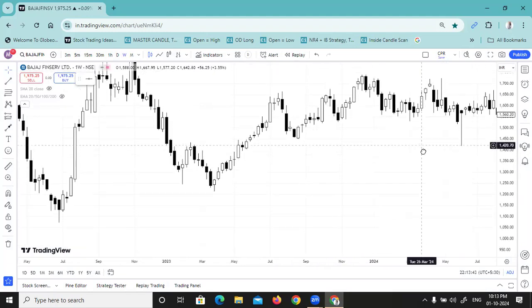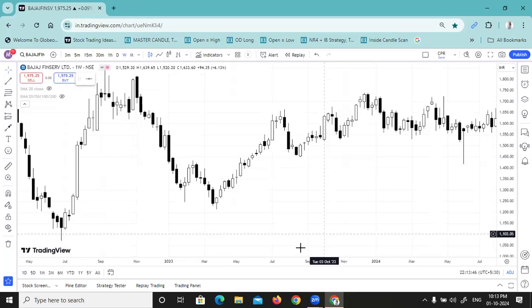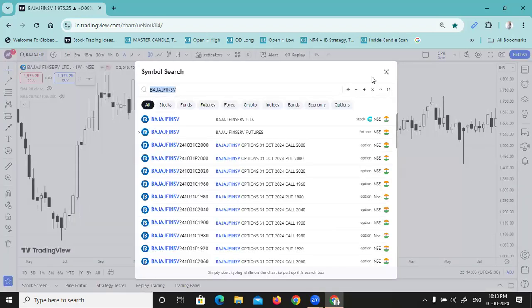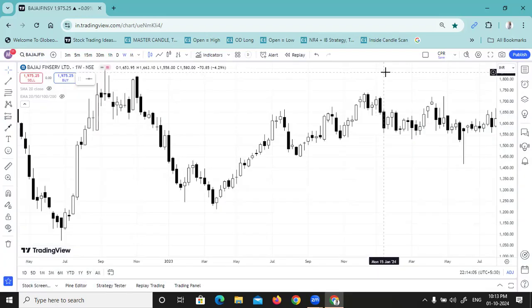Now look at this graph from July onwards or September onwards. इसको आप देख सकते हो, July, September, and tell me where it is facing the resistance. Correct. Around 1700, it is taking resistance. And where is the support?